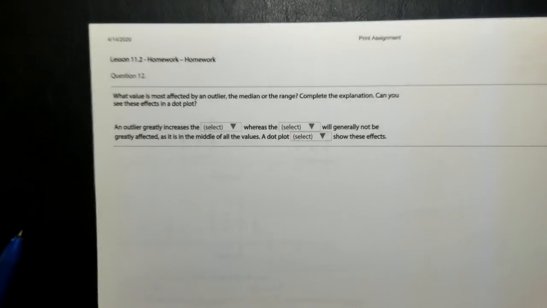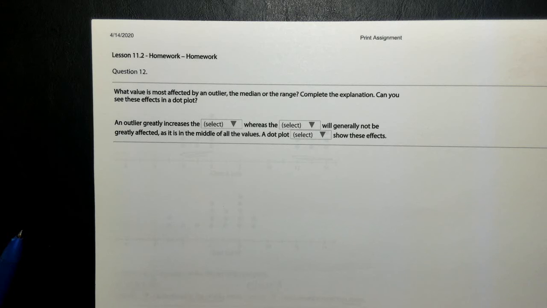Last question. What value is most affected by the outlier, the median or the range? Let's think about that. So the median is a center number, and I'm going to pull up one of these others that has the outlier on it. Okay, let's look at this one.